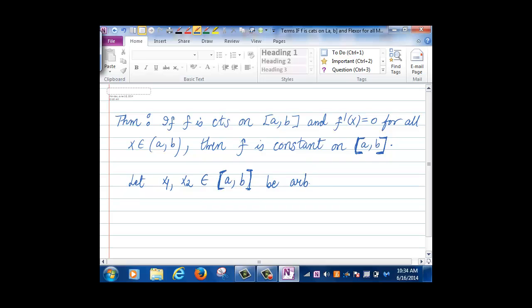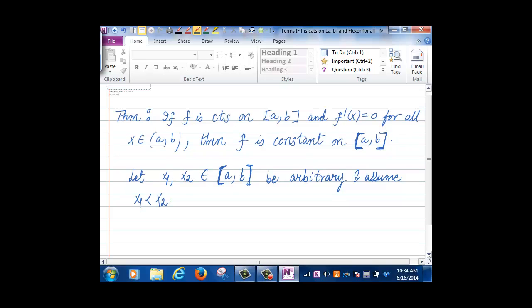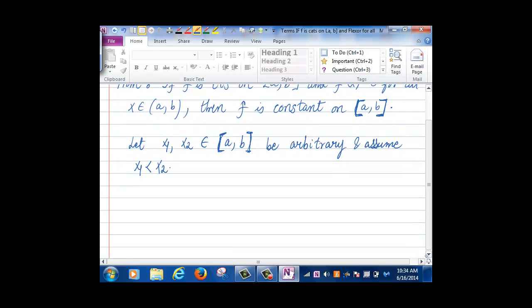So these two points are arbitrary points in this interval, and assume x1 is less than x2, okay? So what I want to show is that if I pick any two arbitrary points, then the value of the function at the points are the same. So I want to show f of x1 is the same as f of x2.